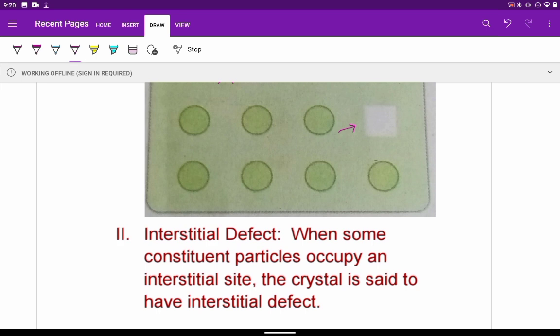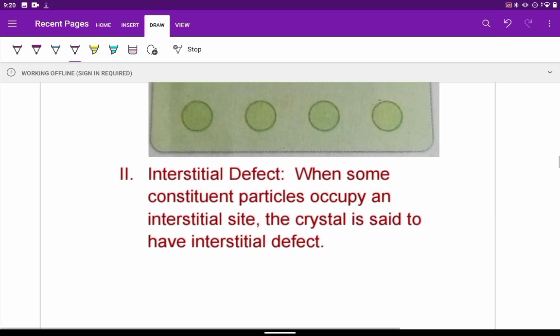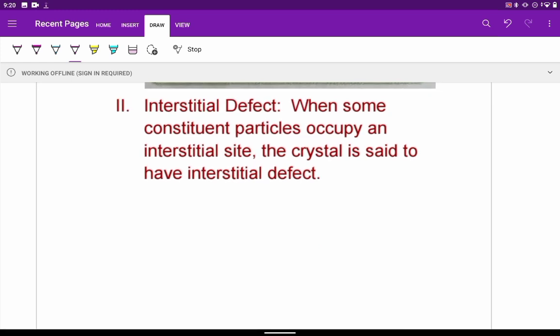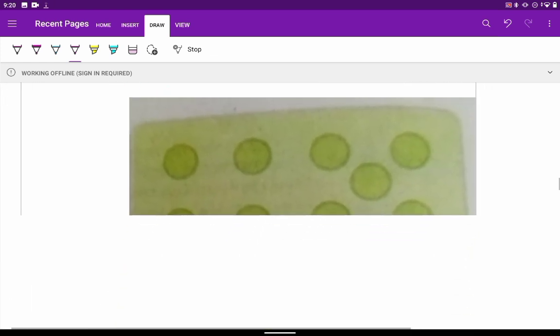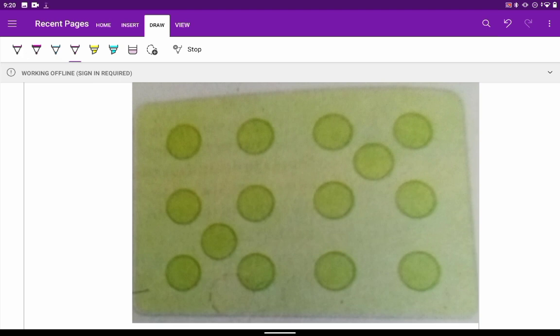When some constituent particles occupy an interstitial site, the crystal is said to have interstitial defect. Here you see, these are regular arrangements, but here interstitial space is getting occupied. So this is a defect.